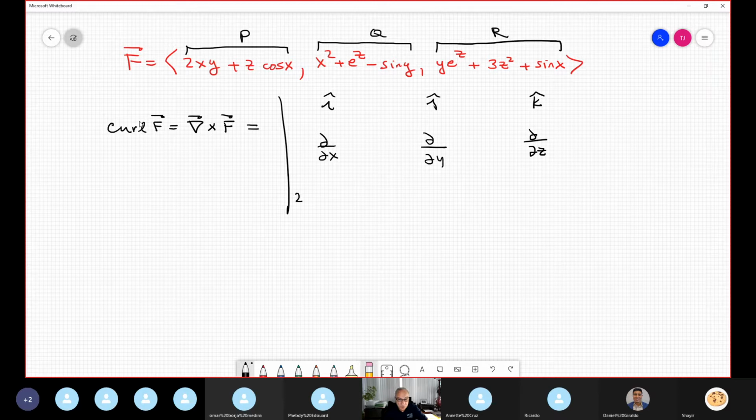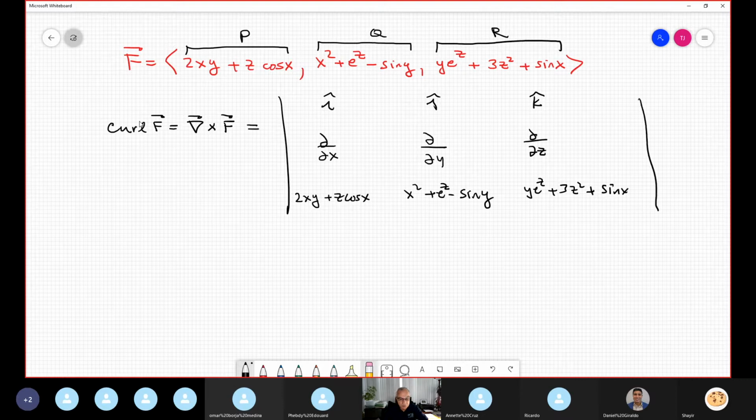So 2xy plus z cosine x, x squared plus e to the z minus sine y, and here we have y e raised to the z power plus 3 times z squared plus sine x.